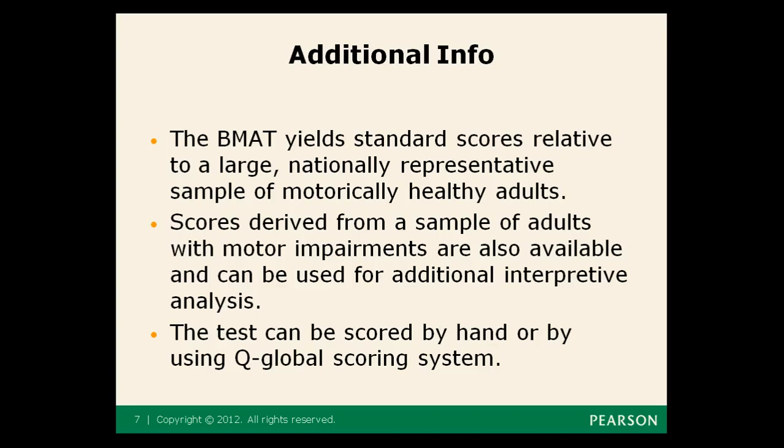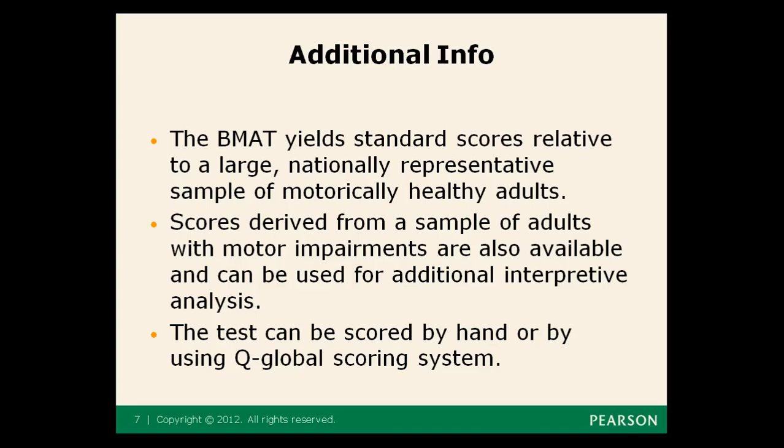Now, this test can be scored by hand. It also can be scored using the Q Global scoring system, which is our online scoring system. For those of you who are familiar with Q Global, I'm going to be showing some screenshots of the report printout during our case example later on.